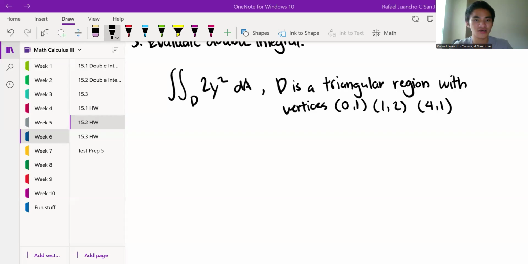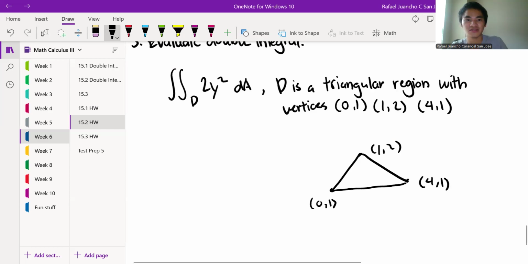So the first thing we can do is find the lines, because at the end of the day, these are lines. So from (0, 1) to (1, 2) to (4, 1), this is not drawn to scale, by the way.